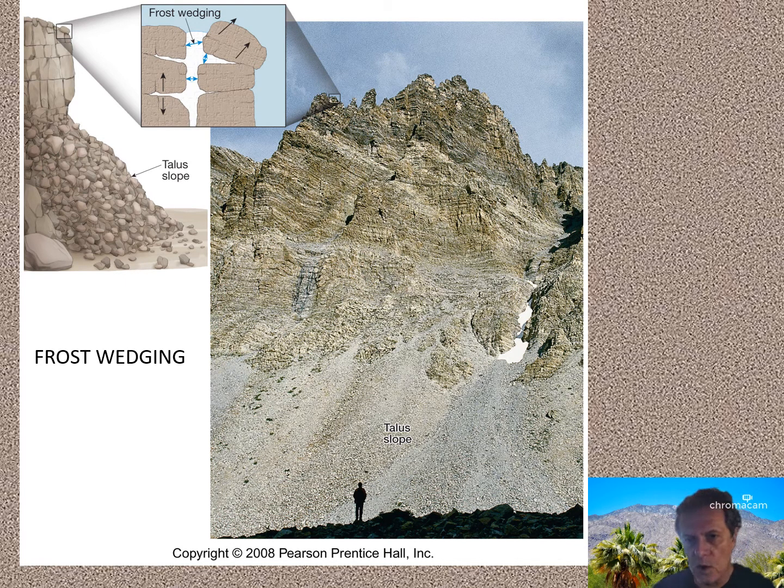Now, what happens when water turns to ice? It actually increases in volume by about 9%. So the volume expands, the volume of water into a volume of ice, which exerts a physical force on the sides of the fracture, wedging the rock apart.